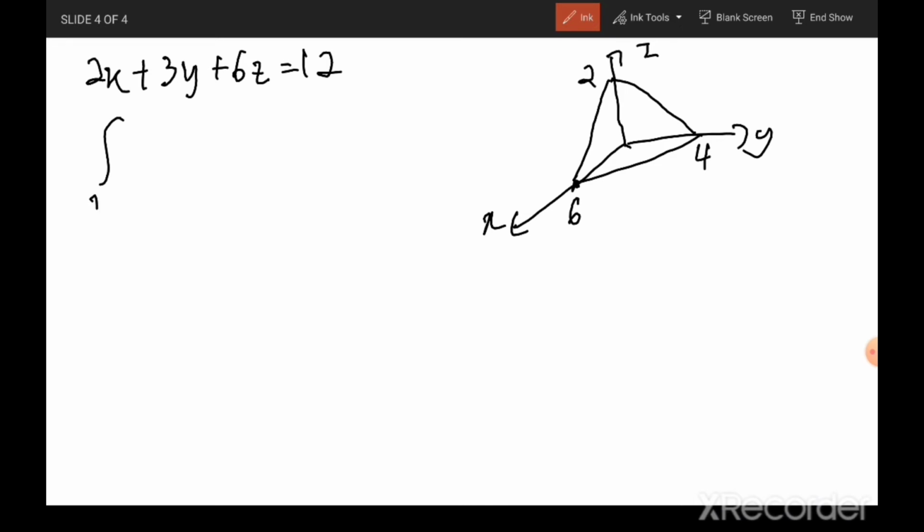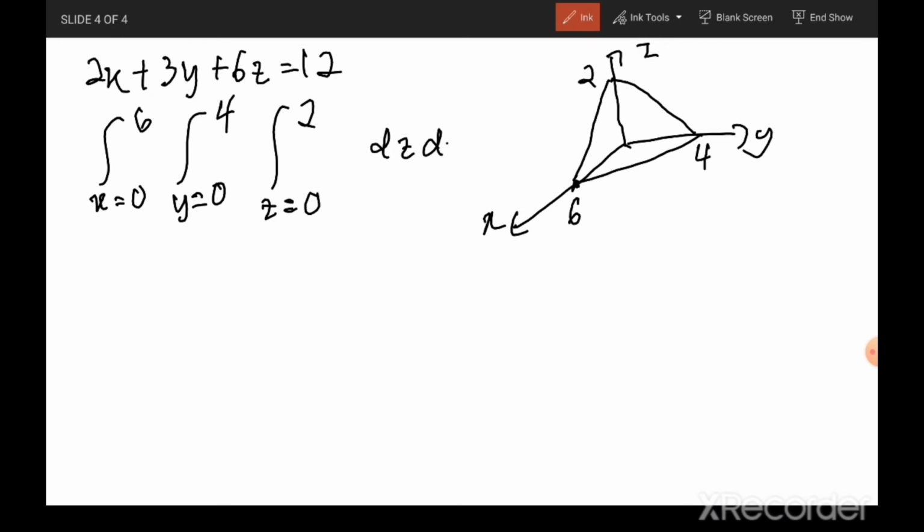And when writing the interval, the student writes the interval for x between 0 until 6, for y 0 until 4, and for z 0 until 2. Then you write dz, dy, and dx. So this interval is wrong, because all of them are numbers.